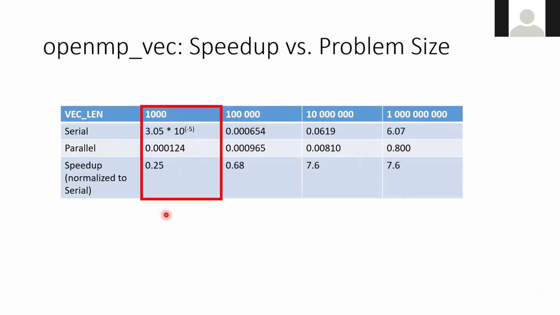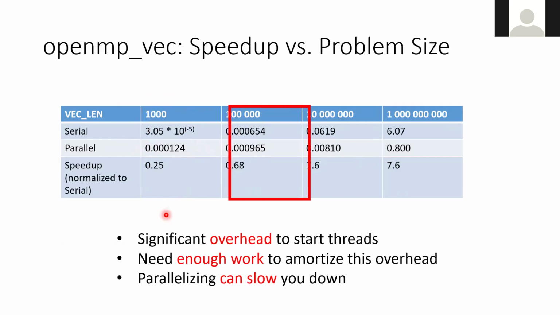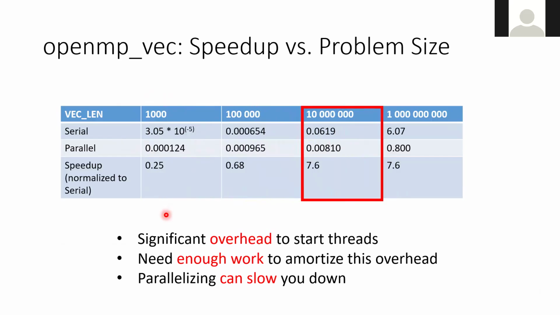It only pays off when the problem size is big enough that your multi-threading overhead becomes not so important. So we reach the 7.6 times speedup.